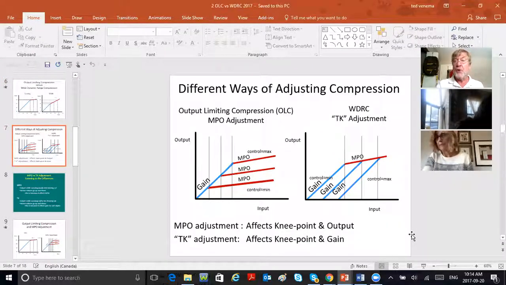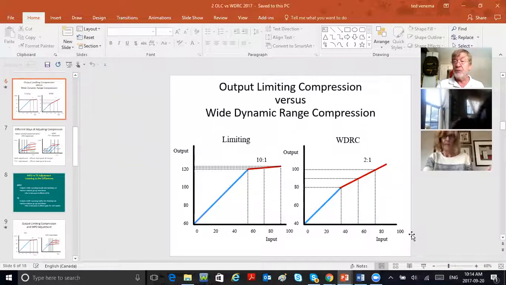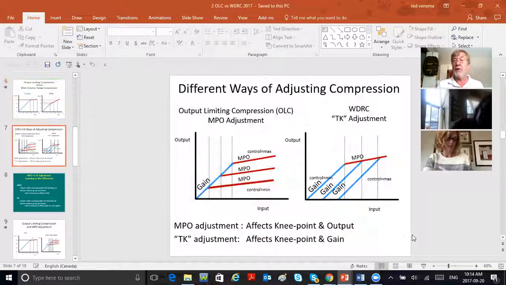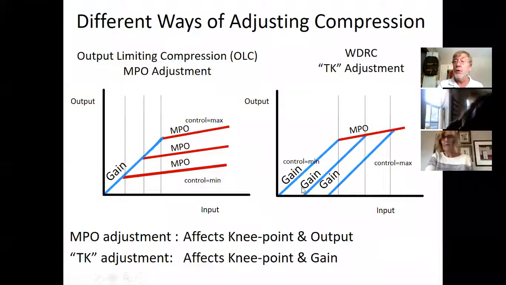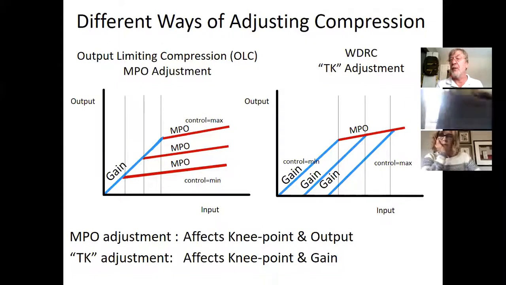I'm going to keep OLC on the left. Okay, output limiting is on the left graph. I'll make it bigger so we really focus on the picture. How is it adjusted? By raising or lowering the MPO. You do this. You're the clinician. On the software, you're going to enter the client's UCL, or you may choose the maximum power output that you want the hearing aid to have.